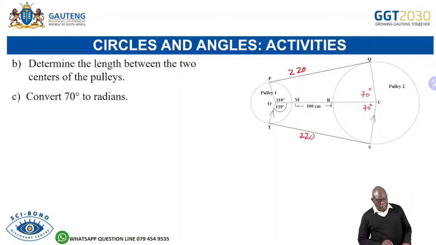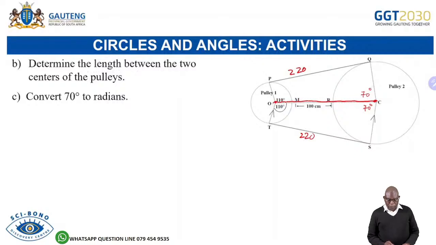All right. Now it says, determine the length between the two centers of the pulleys. So we need the center and the center. I need the whole length here. Oh, easy. Okay, what do we do? So the length of the pulleys will be, obviously from here to there we said it's 15.